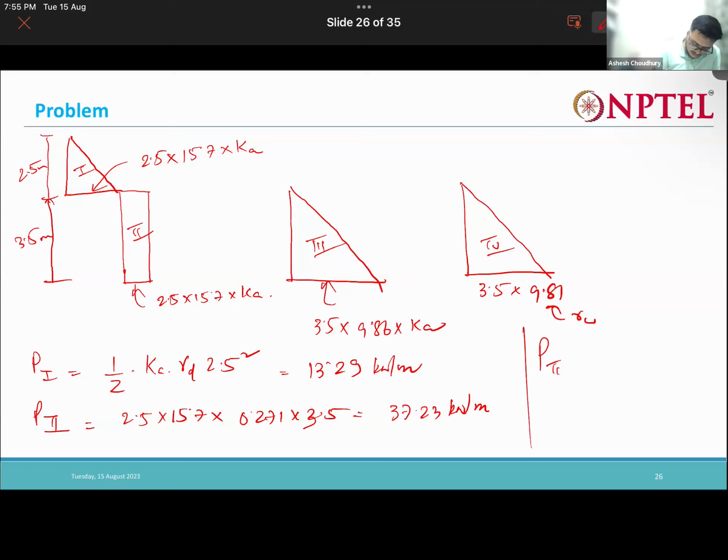Similarly, you will get P3, the area of this triangle, which is 16.37. Then P4.